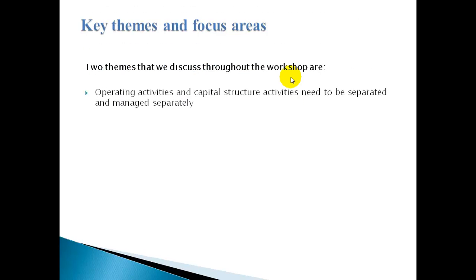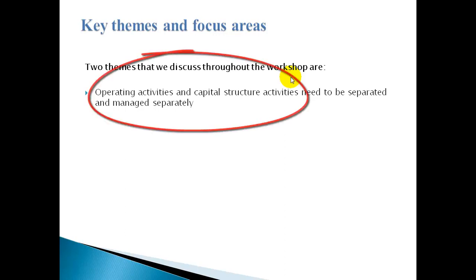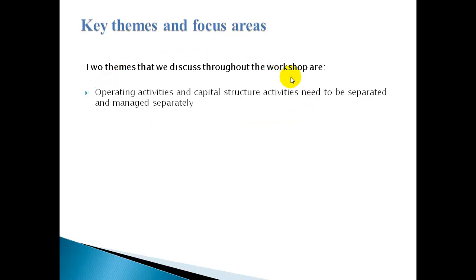So the first theme is that I separate the analysis into operating analysis and capital structure analysis. All businesses are split into these 2 levels. So we're going to look at how your business is operating. Is it a good business to own, a good business to be in, regardless of capital structure?